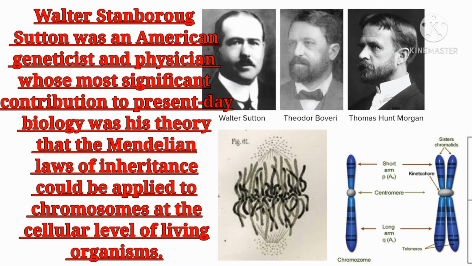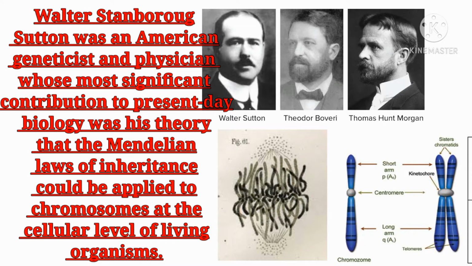So here are Walter Sutton, Theodore Boveri, and Thomas Hunt Morgan, who formulated this at the cellular level. At the cellular level, it is not a physical level but a genetic level, which shows the chromosome with the alleles, and both alleles are aligned together and are allelic to each other.